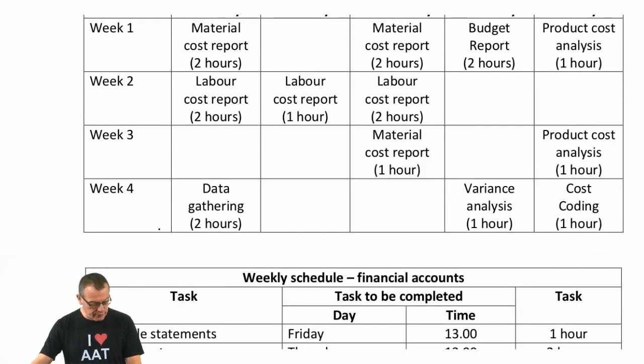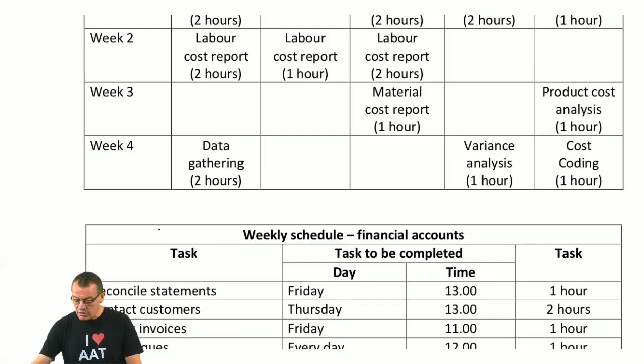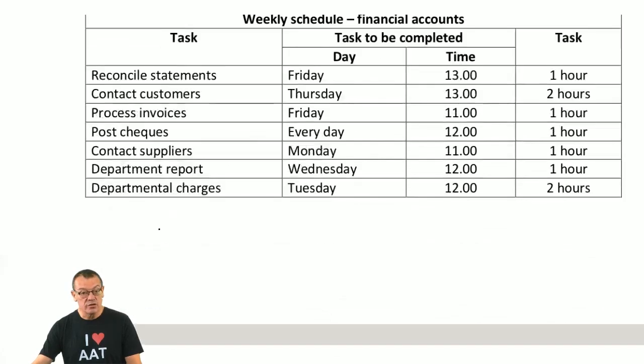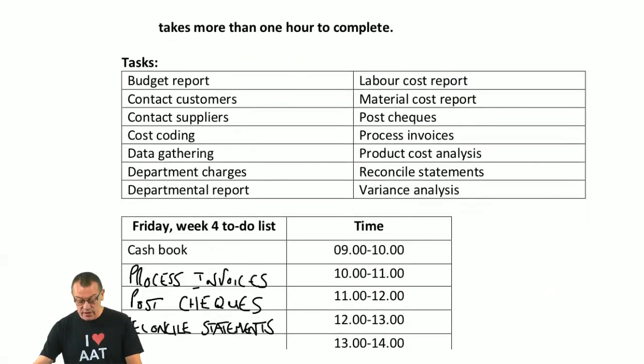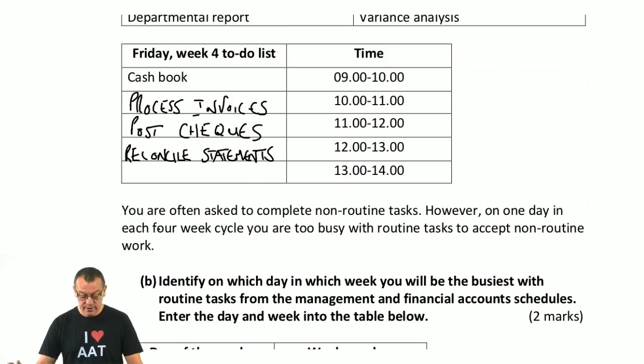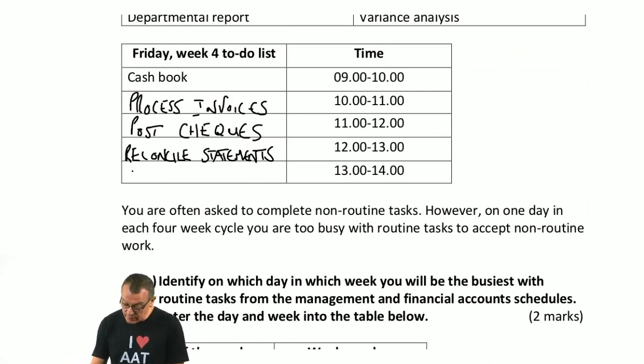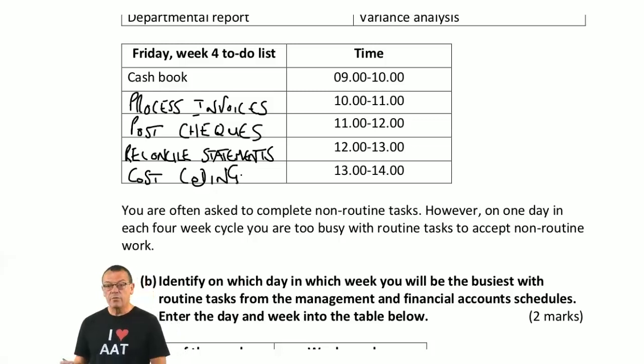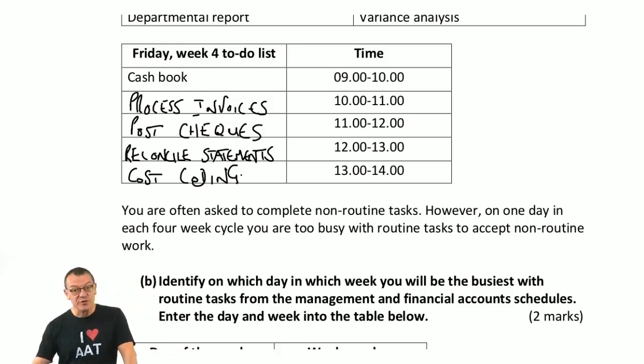And on Friday of week 4, there's some cost coding to do, which takes 1 hour. Let's insert that. And that completes our to-do list. So we have cost coding. And we've now satisfied the first part of that question.